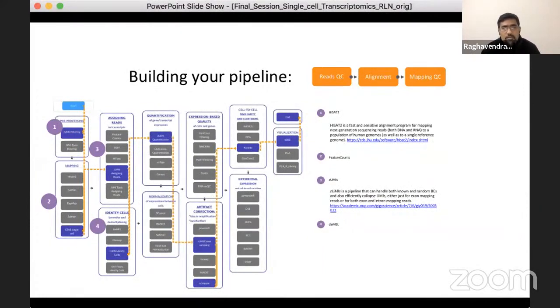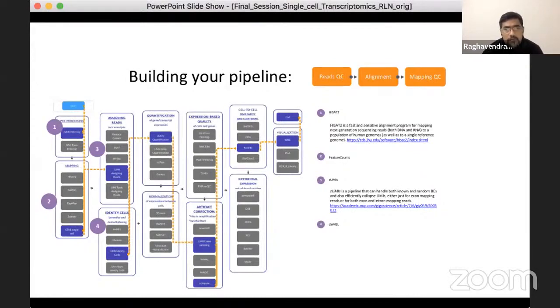This is where the UMIs and the cell barcodes come into play, and this helps us avoid double counting of sequence reads from the same mRNA transcripts, and then helps us build a matrix of digital gene expression measurements that can be leveraged for our further analysis.